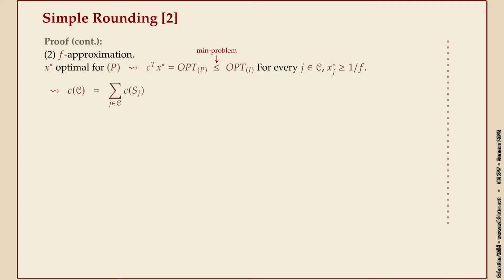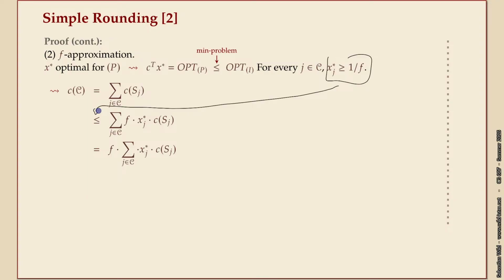Otherwise, we wouldn't have picked that set. So we can use that to just bound the cost. We take the cost of our set that we pick. It's the sum of the cost of the sets we include. Each of these, I'm using this inequality and reversing it. So I'm solving for 1, if you like. Then you can insert f times xj star. That's using this part. Then the f goes out of the sum, and what I'm left with here.